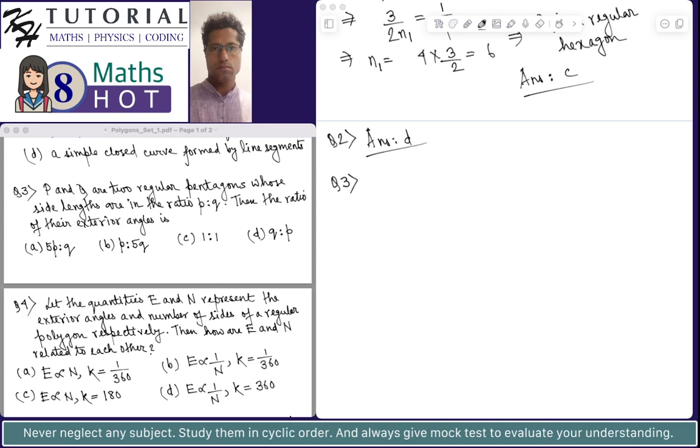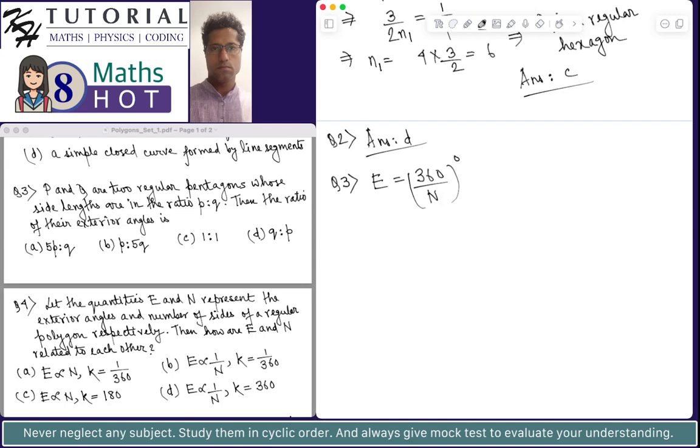Now we know that if I consider E to be the exterior angle of a regular polygon, first of all a regular polygon will have all its exterior angles equal. If I say E is each exterior angle of a regular polygon, we know that E is always 360 by n degrees, where n is the number of sides of the regular polygon.